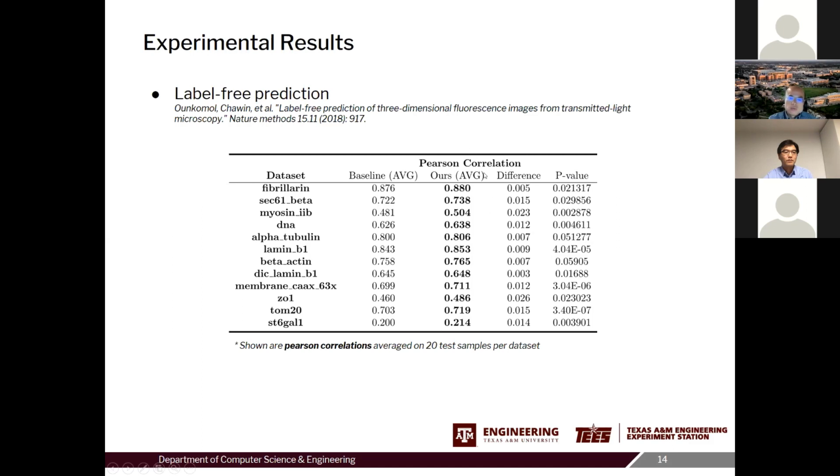This represents the Pearson correlations of our method. This is the baseline reported in this Nature Methods paper. We performed this on 20 different test samples, and this is the significance. You can see our method improves upon the UNet architecture very consistently.